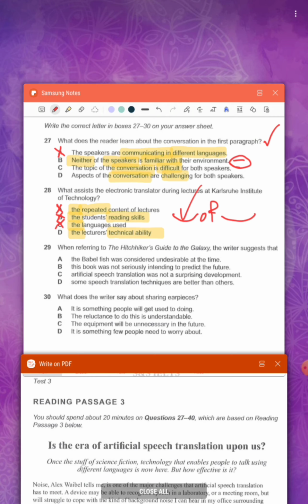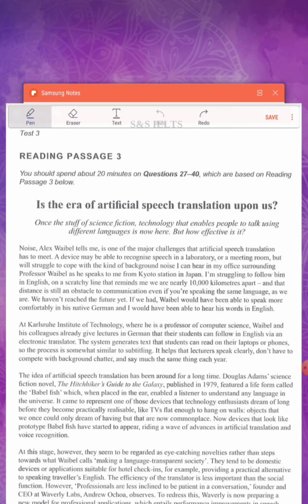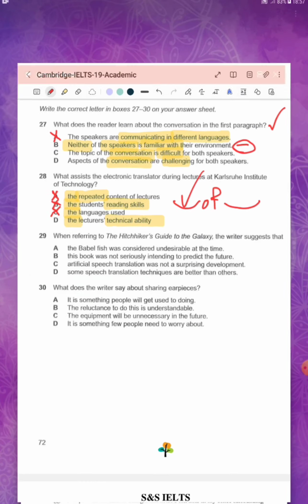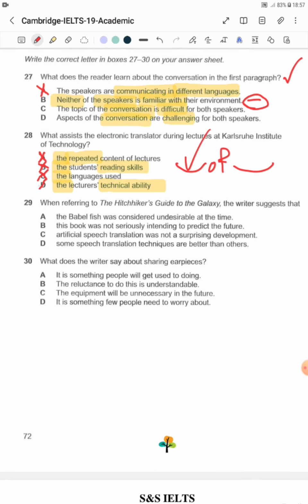Was there any technical ability such as working with computers, working with systems, how well they work with systems? Of course not. Technical abilities and technical issues weren't even mentioned as assisting the electronic translator. Okay. So B, C, and D are easily rejected. So I have rejected them all.